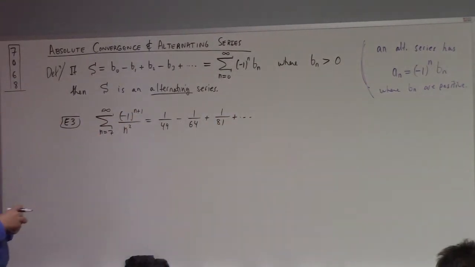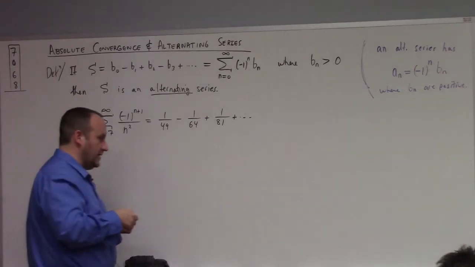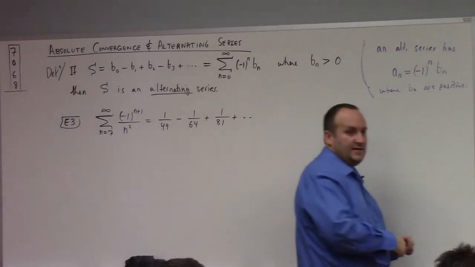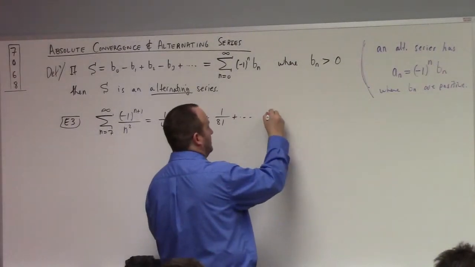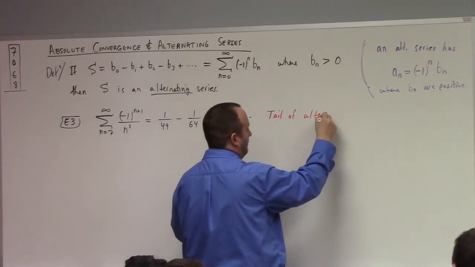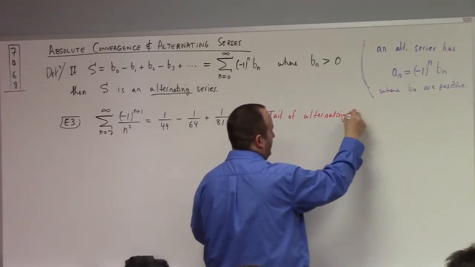This is an alternating series. If you want me to do some name calling here, I would say that this is the tail of an alternating p equals 2 series.